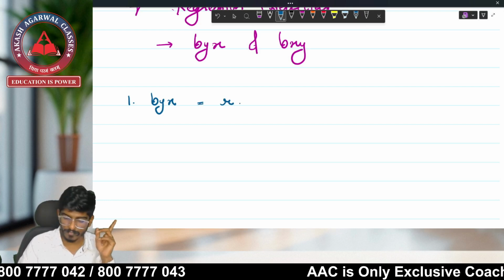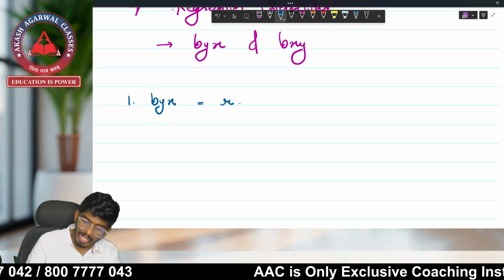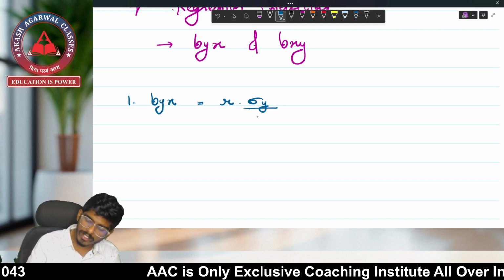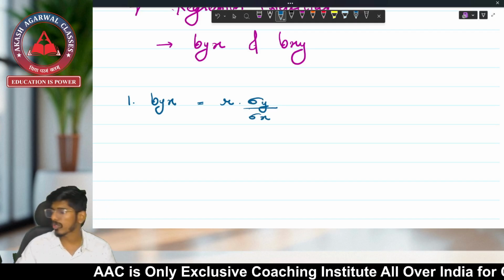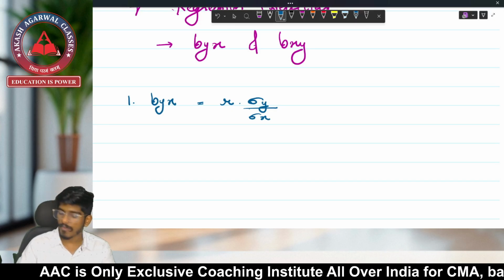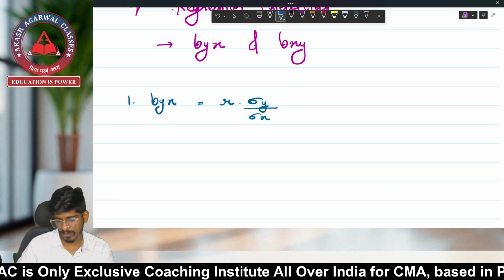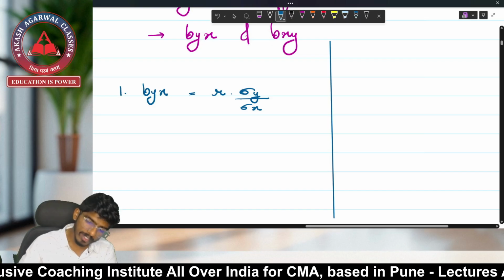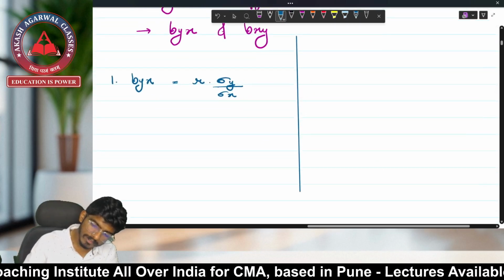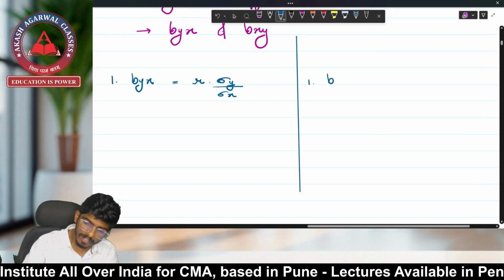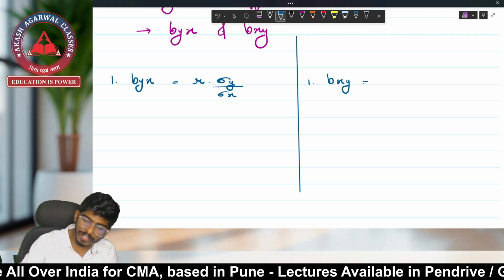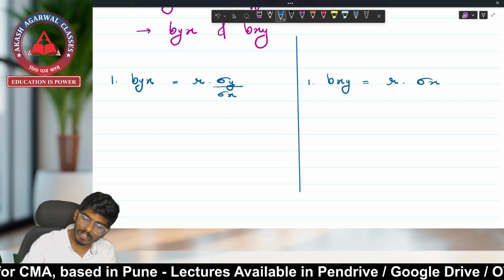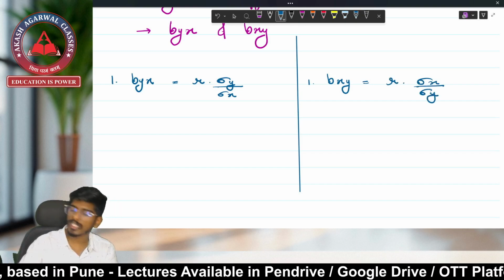Byx is going to be r into standard deviation of y upon standard deviation of x. Similarly, bxy is going to be r into standard deviation of x upon standard deviation of y.